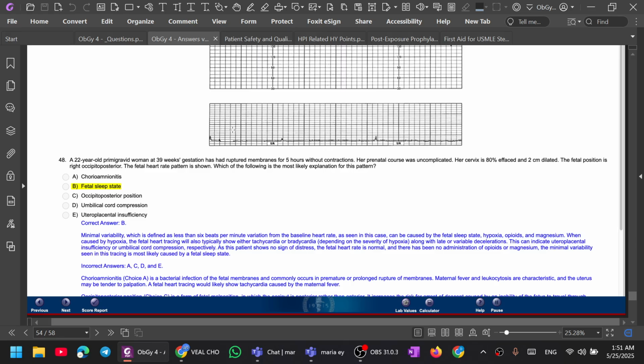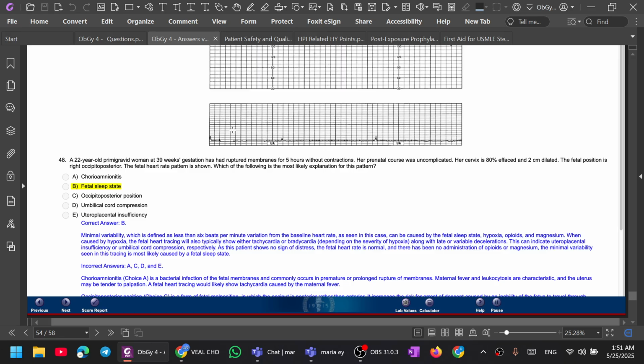When caused by hypoxia, the fetal heart rate tracing will also typically show either tachycardia or bradycardia, depending on the severity of the hypoxia, along with late or variable decelerations. This can indicate uteroplacental insufficiency or umbilical cord compression. As this patient shows no signs of distress, the fetal heart rate is normal, and there has been no administration of opioid or magnesium, the minimal variability seen is most likely caused by fetal sleep.